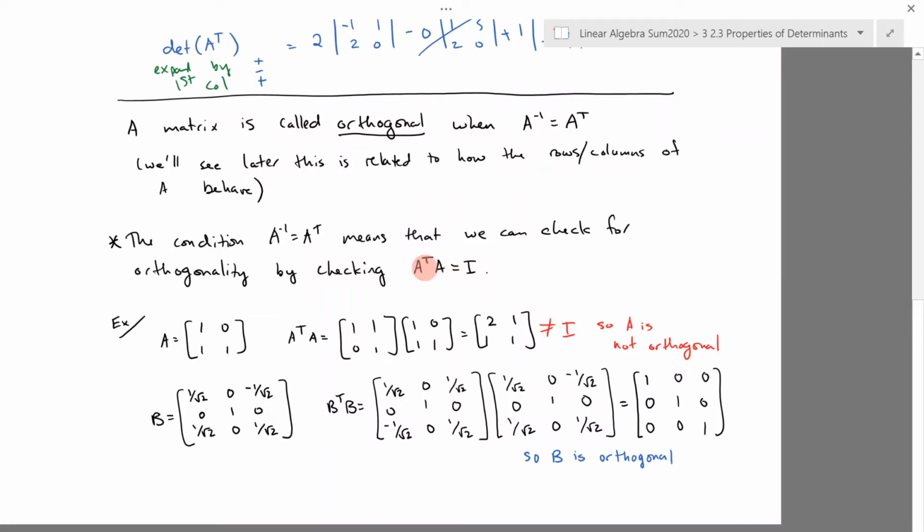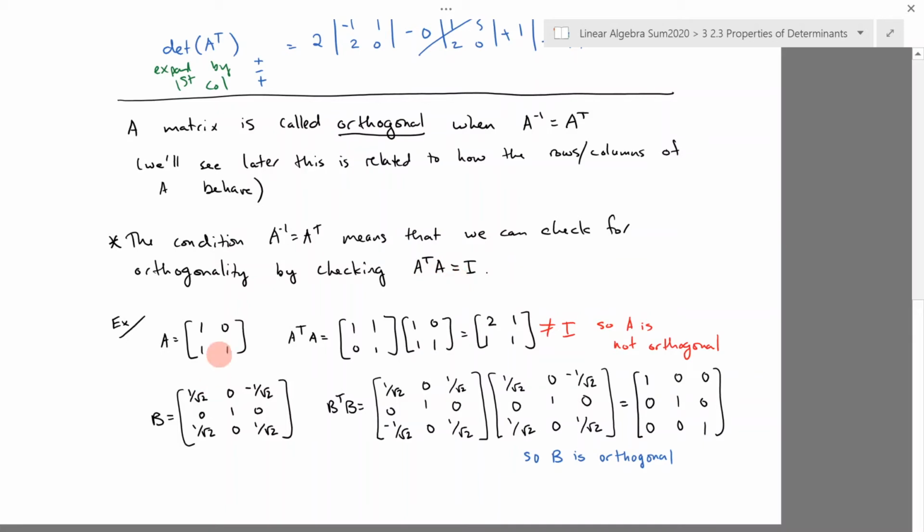If A transpose is the same as A inverse, then if you multiply A by A transpose, they should cancel out, because A transpose is now the inverse, and you get the identity matrix. So to check for orthogonality, it's easiest to just do the multiplication like this and check if it's the identity matrix.